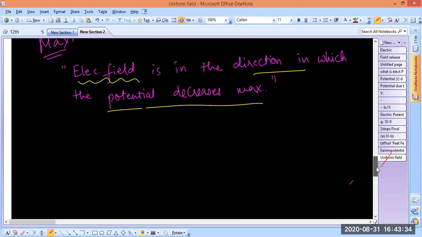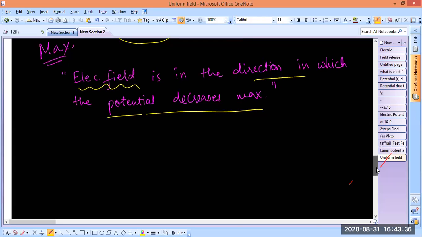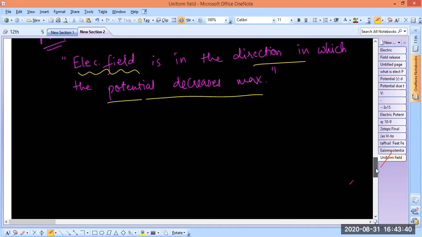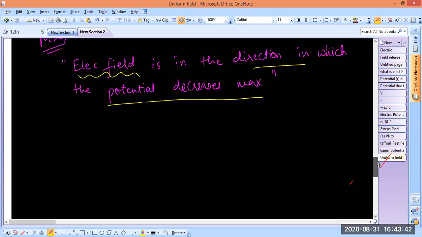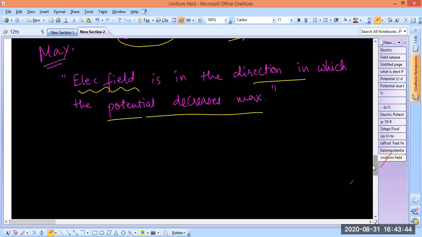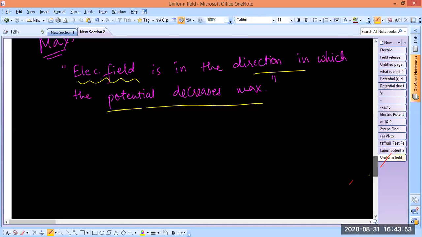Okay, so far we have been talking about direction only, right? We have been talking about direction of the electric field. I told you two ways. One, perpendicular to equipotential surface, and second is in the direction in which potential decreases maximum, right? Now we talk about magnitude.